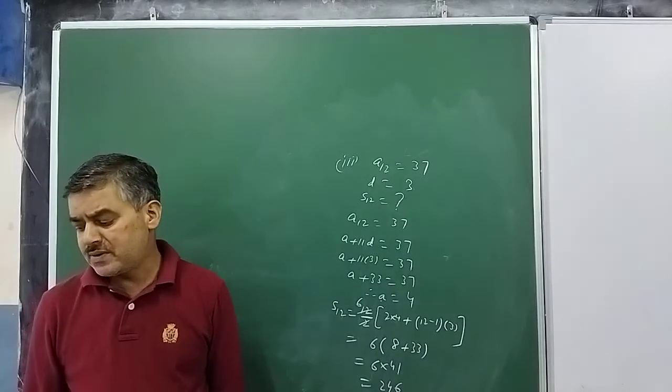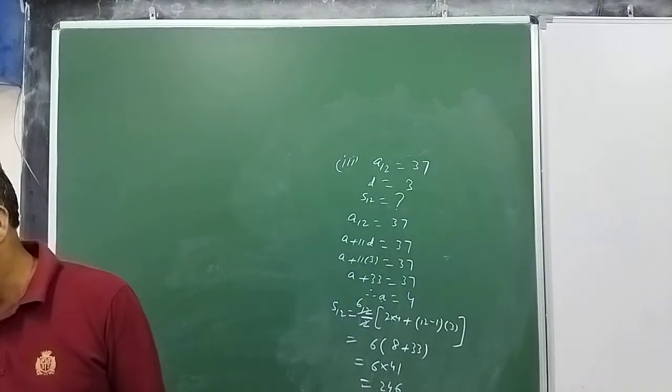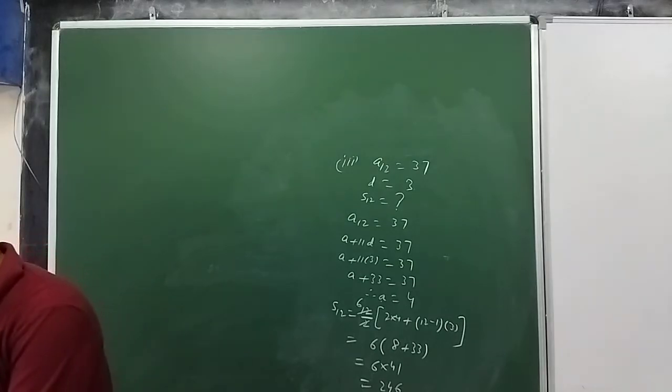Answer will be 246. So keep on putting these, use these two equations smartly, Sn and An. All the solutions will be there, and the remaining part are the calculations. Please keep a watch upon your calculations. Are you aware of that or not?